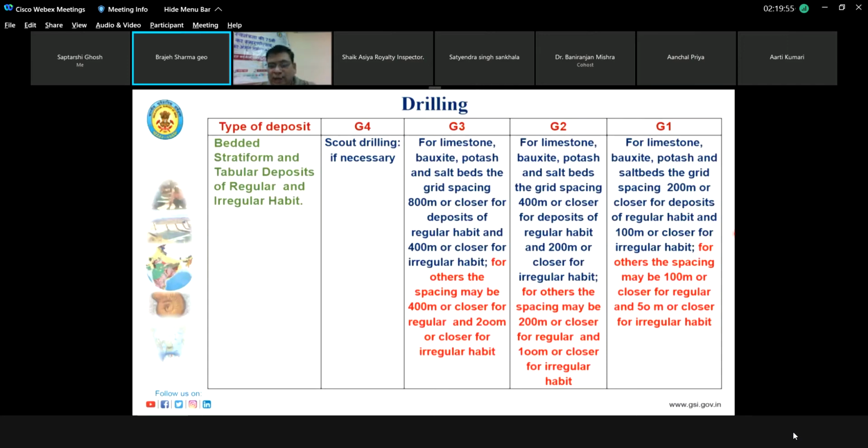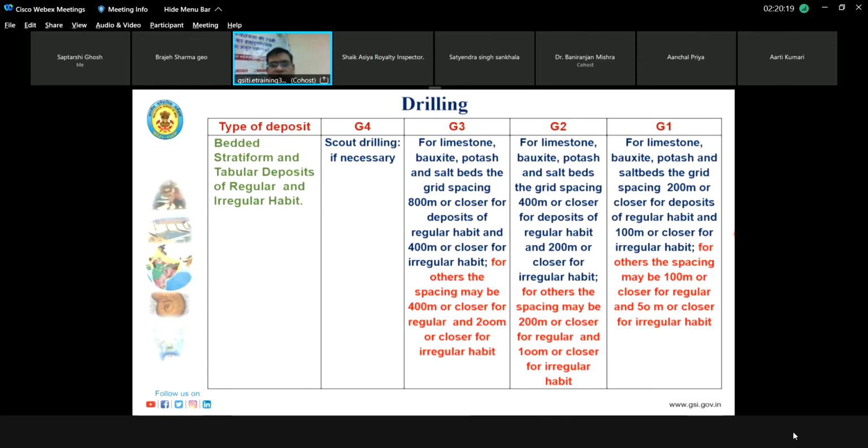If it is a bedded, regular body, even at the G3 stage, and it is limestone or bauxite, they are going for the mining auction with a pre-feasibility study report. Now the scenario is changing.